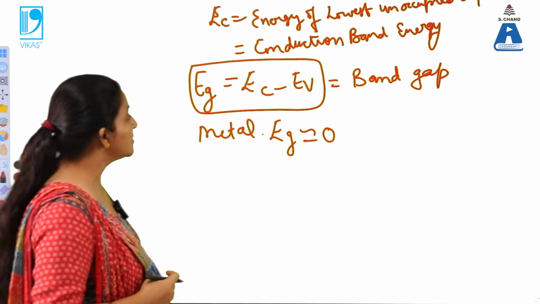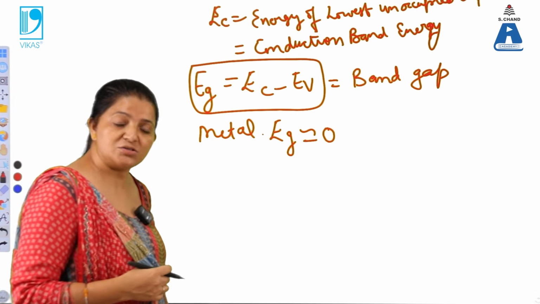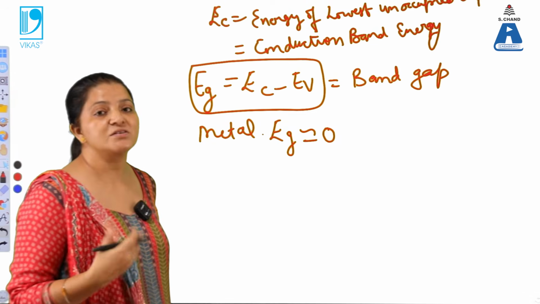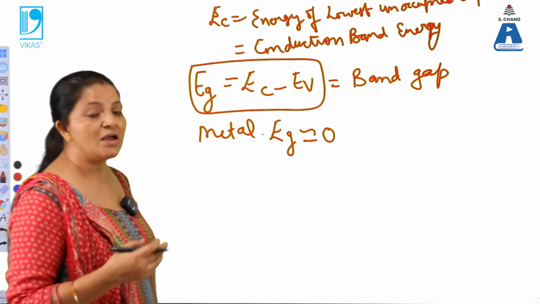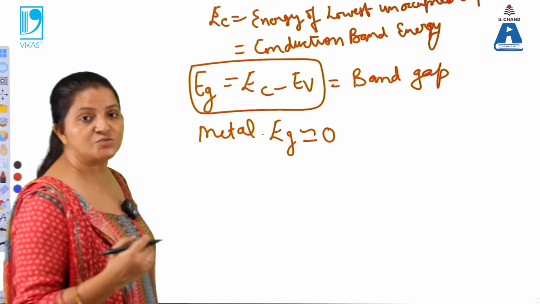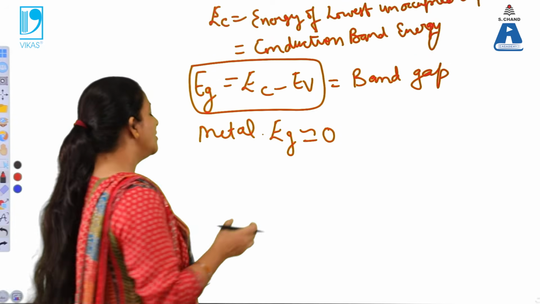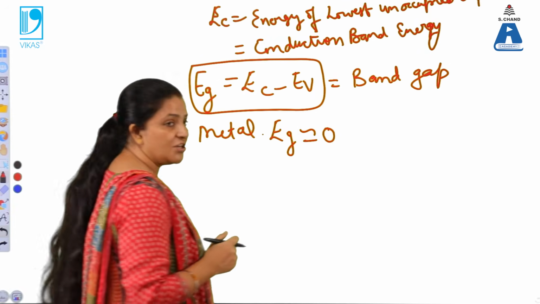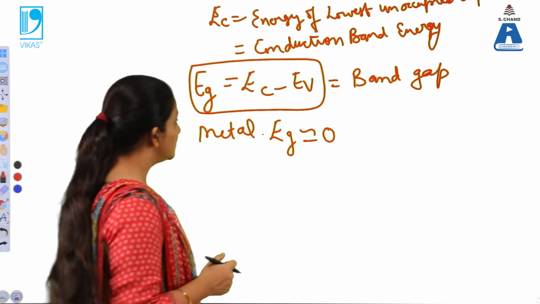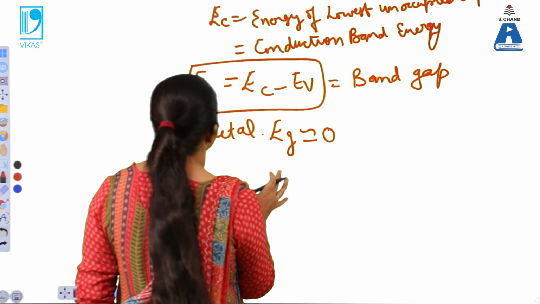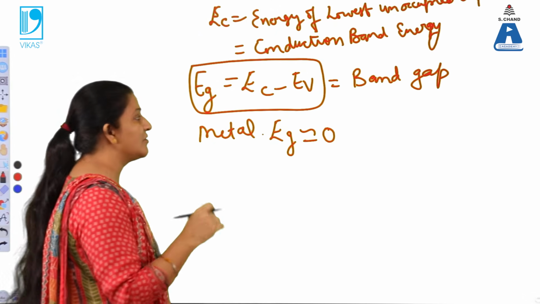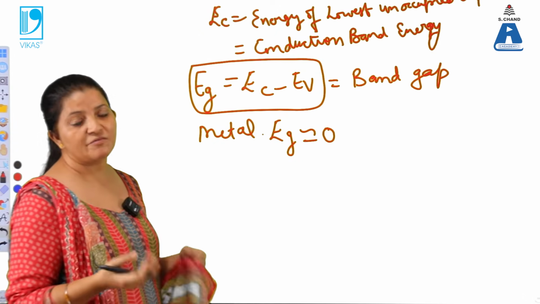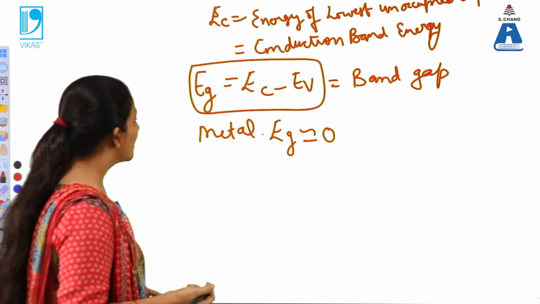In that case, it is very easy for the electrons, without application of any external energy, either thermal energy, to jump from the valence band to the conduction band. So band gap energy Eg equals 0. This is known as band gap energy. And the Fermi level lies in the valence band or it can be in the conduction band.